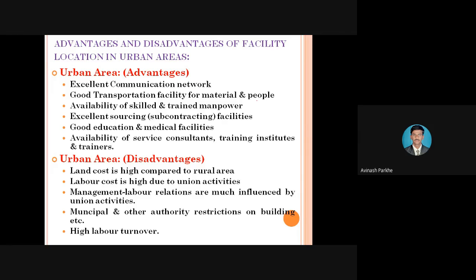If you visited them during our industrial visits, you will have seen that the road facilities in the MIDC areas are very good. So good transportation is available for material as well as for the people.